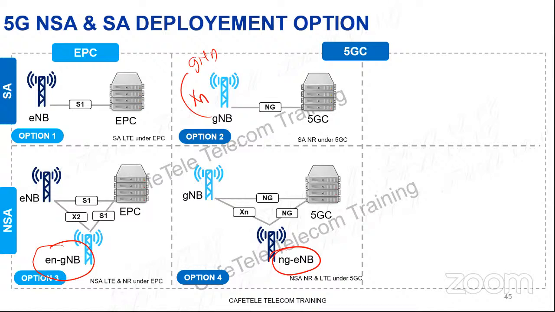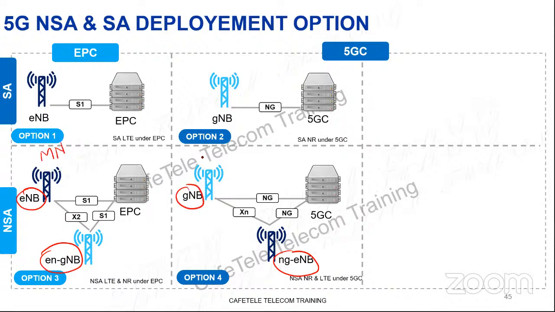Okay. So option 4, here you can see architecture is similar, right? If you compare with here, instead of EN G node B, here we call NG node B. Sorry, yeah, next generation E node B. Instead of E node B, it became G node B. It means master was E node B here.